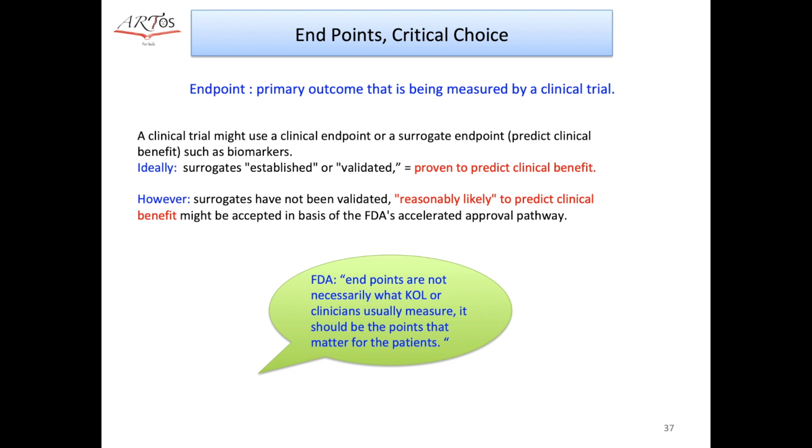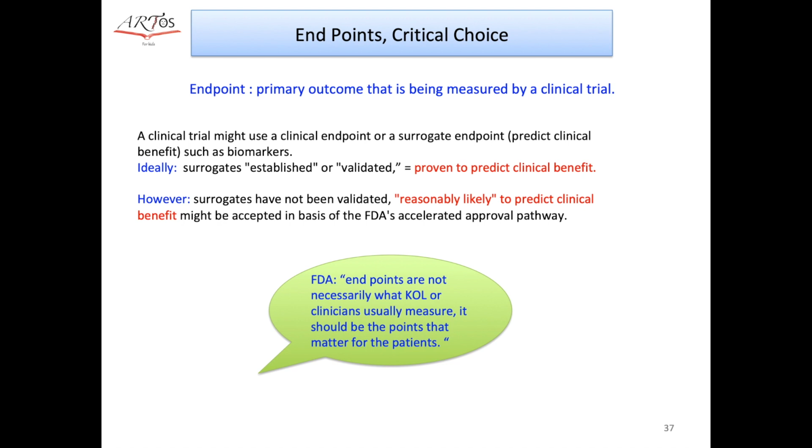Ideally, surrogates are established or validated, which means that they are proven to predict clinical benefits. However, for rare disease, surrogates that have not been validated, but rather reasonably likely to predict clinical benefit, might be accepted on the basis of the FDA's accelerated approval pathway.